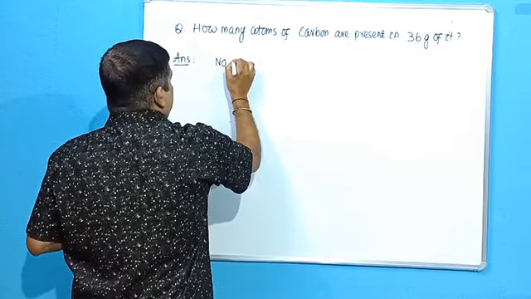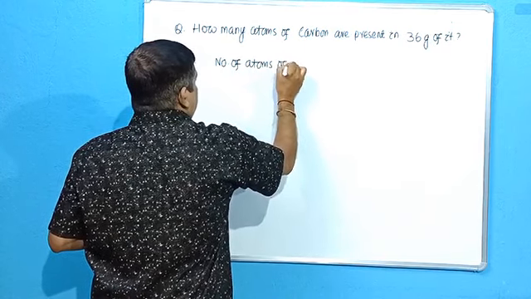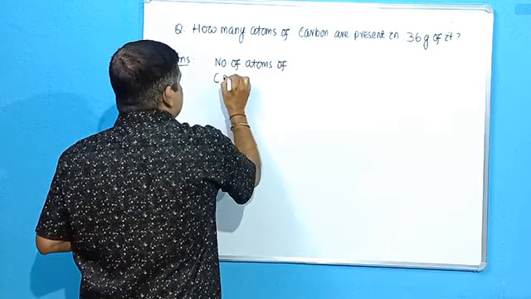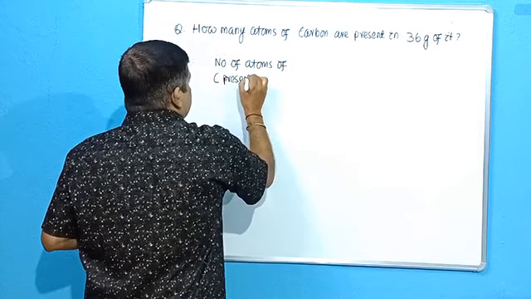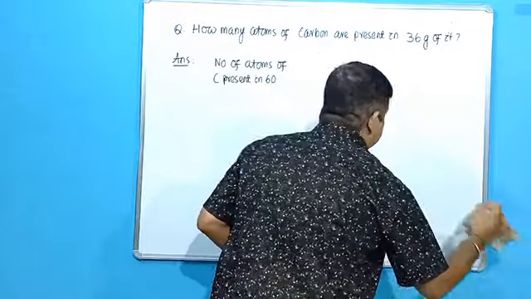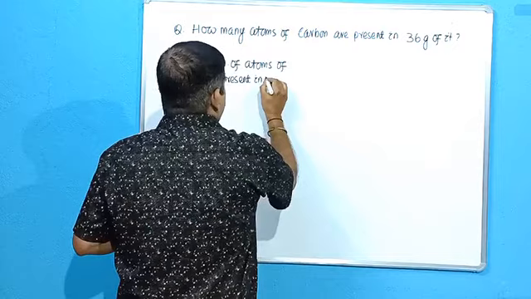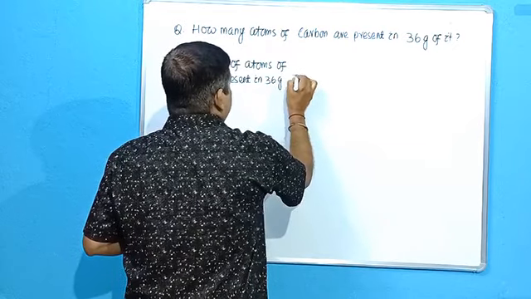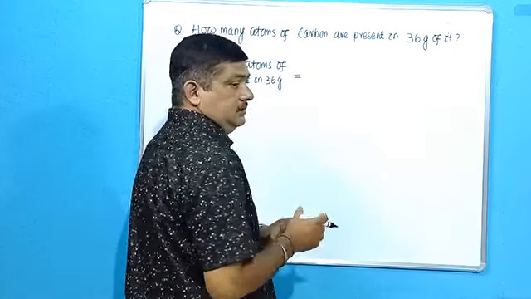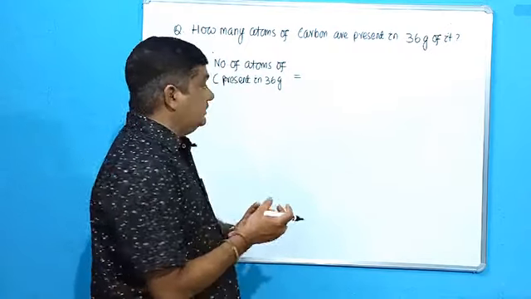So the number of atoms of carbon present in 36 gram will be the number of moles into Avogadro's number.